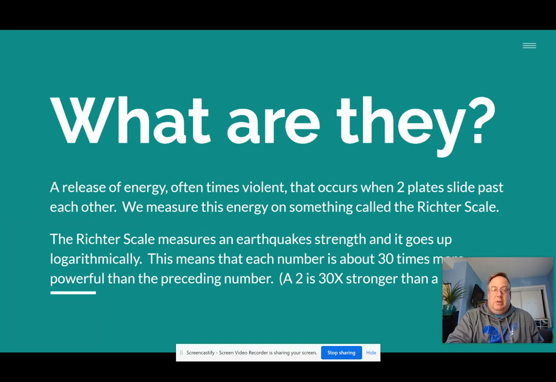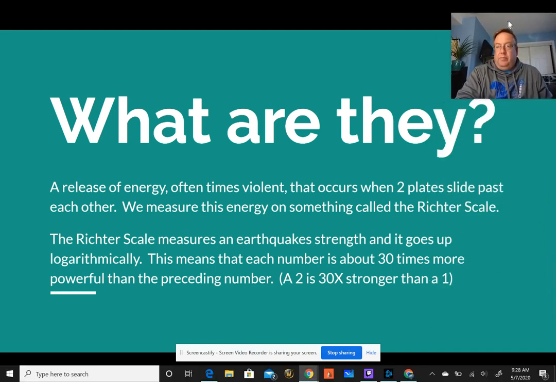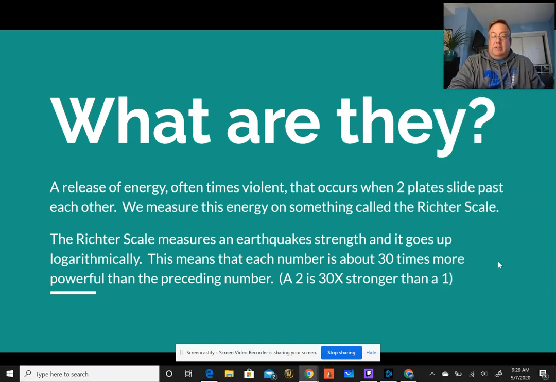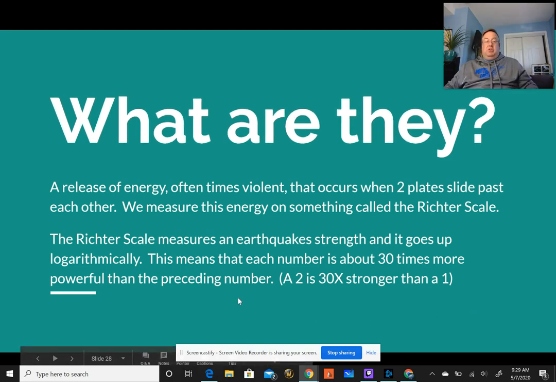So similar to some of the other graphs that we looked at, the Richter scale goes up logarithmically. So instead of going up by tens, it goes up by 30 each time. So if you have a 1 on the Richter scale and you compare that earthquake to a 2, a 2 is 30 times stronger than a 1.